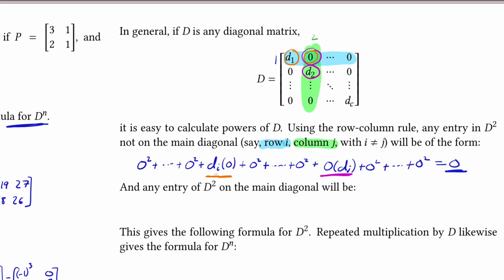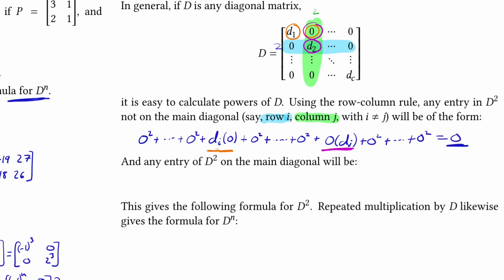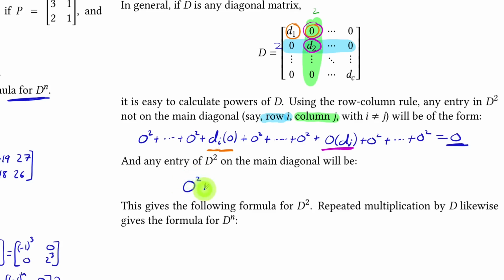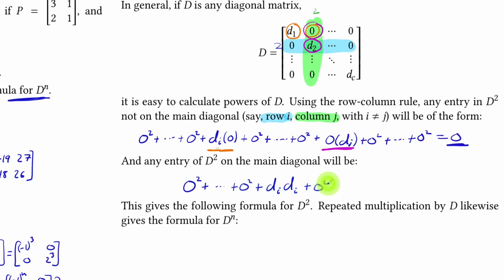If you get something that is on the main diagonal, like if the i equals j, then this is a little simpler. Everything is going to be 0 times 0 until you get to the ith entry, where you get di from the row times di from the column, and then everything else is 0 times 0, and that just gives you di squared.